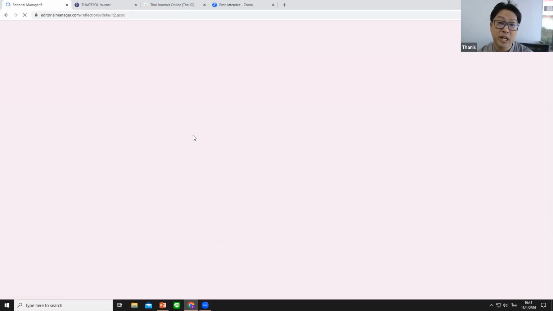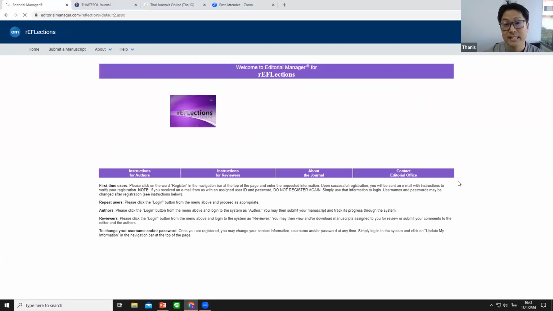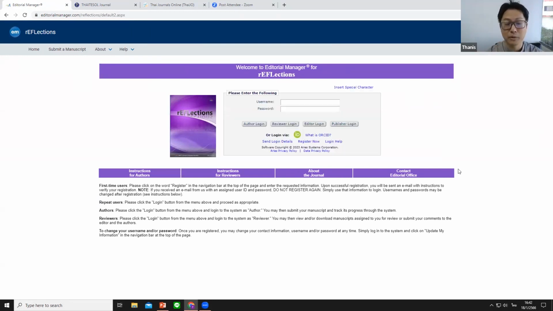So you need to get some training. If you are hoping for the journal to be indexed in high tiers or to go international, then you need to send someone to receive proper training. And that's what Taijo would do for you. Once you pay them, they would send someone to train you as well. So you need to have one staff or one editor, who would look after these things.